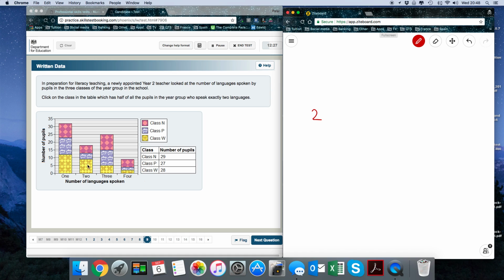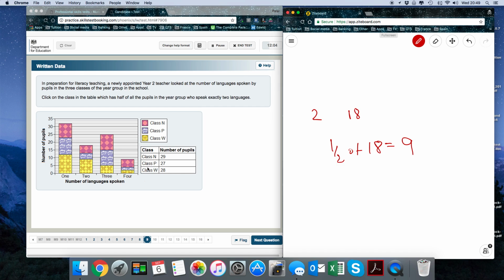We look at this bar here, and it's 18. Then you do half of 18, so half of 18 equals 9. So you look at which one is 9, and the yellow bar is 9, and you can visually see that that's half of this bar, and the yellow one is class W.